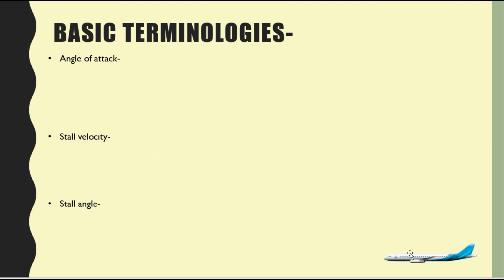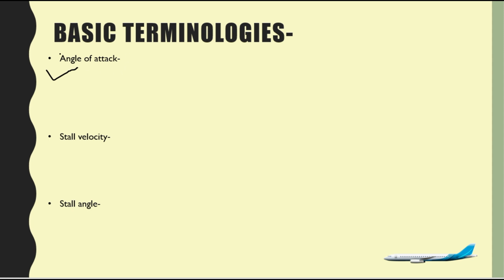Now the first terminology that we are going to use is the angle of attack. Now to explain the terminologies, I am not going to explain with written definitions, but I'm more interested in you understanding their meaning.